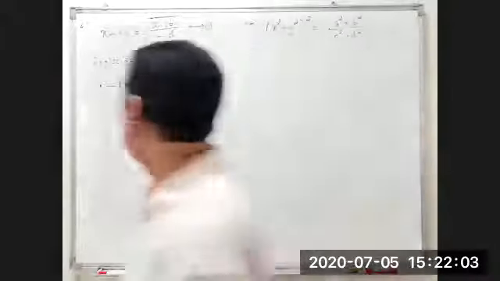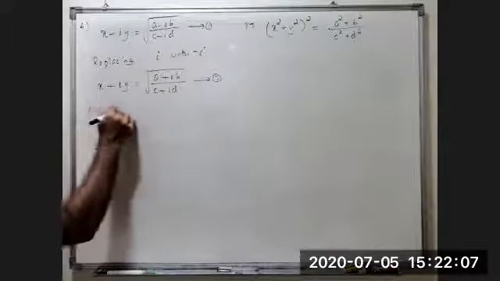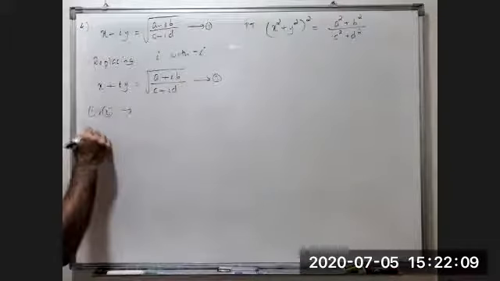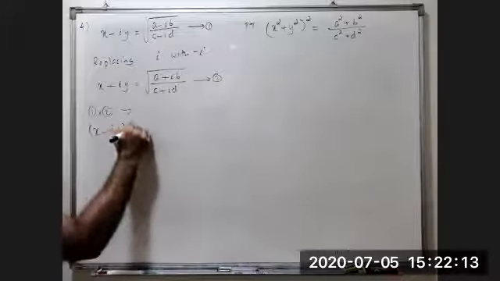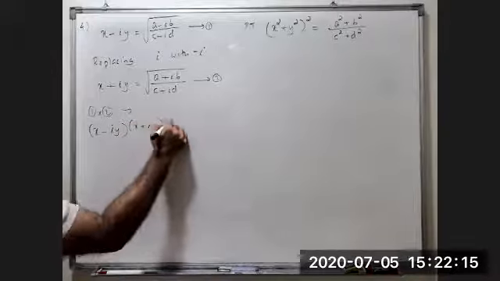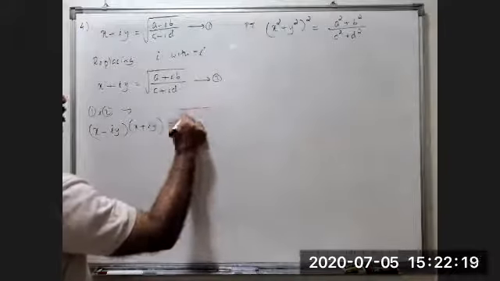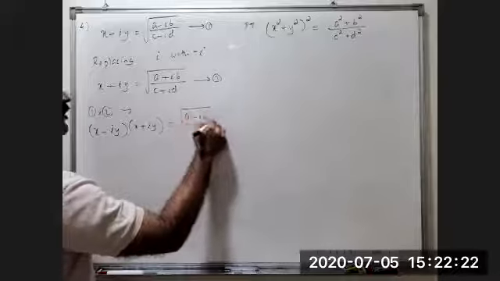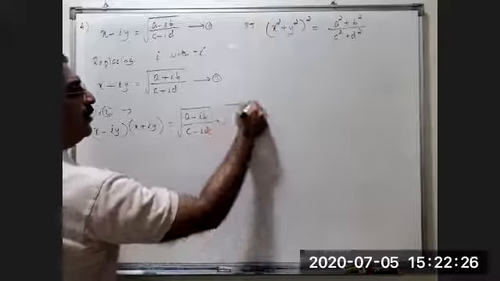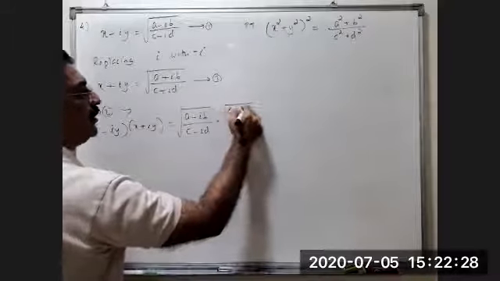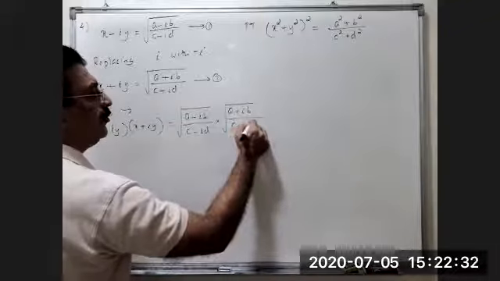So multiplying equation 1 and 2, the left hand side is x minus iy into x plus iy, and the right hand side is the root of a minus ib by c minus id multiplied with a plus ib by c plus id.